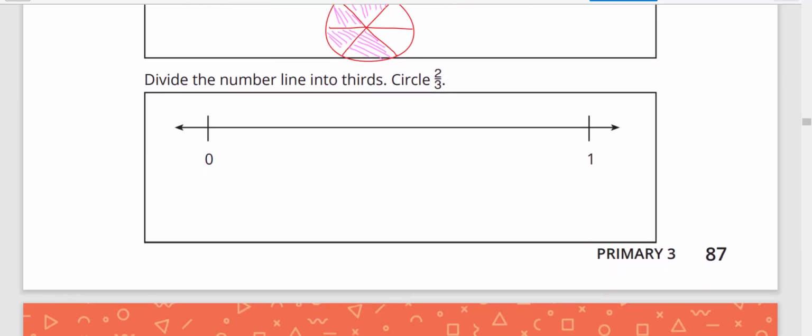Divide the number line into thirds. So we will divide this number line into 3 equal parts. 1, 2, and 3. Write 0 over 3, 1 over 3, 2 over 3, and 3 over 3. Circle the fraction 2/3, this fraction, and draw a model.